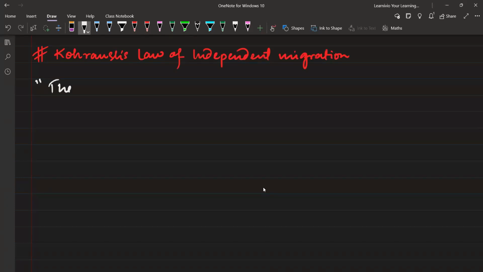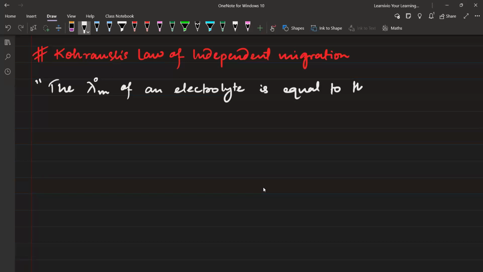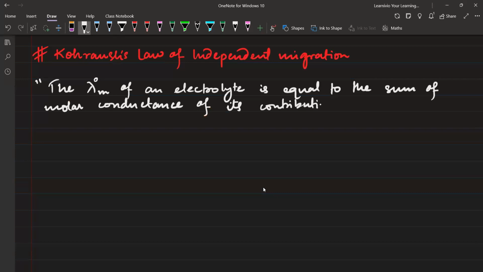The lambda naught m of an electrolyte is equal to the sum of molar conductance of its contributing ions at infinite dilation.